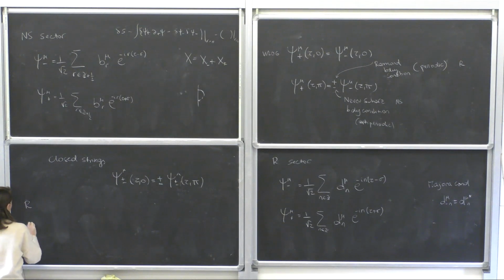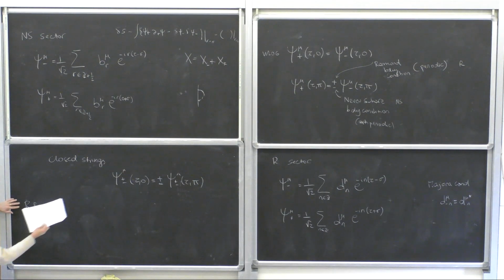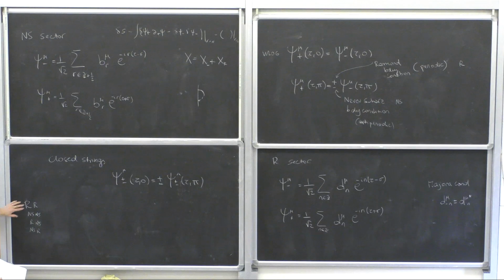So there are 4 sectors: Ramond-Ramond, NS-NS, R-NS, and NS-R. Here I choose Ramond boundary condition for the plus and Ramond boundary condition for the minus. Here Ramond boundary condition for the plus and NS boundary condition for the minus.